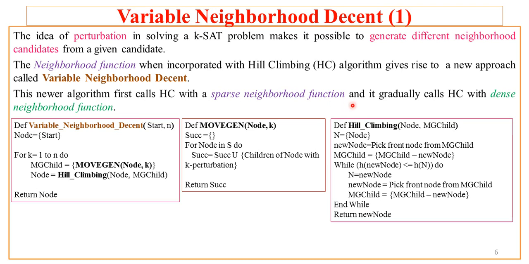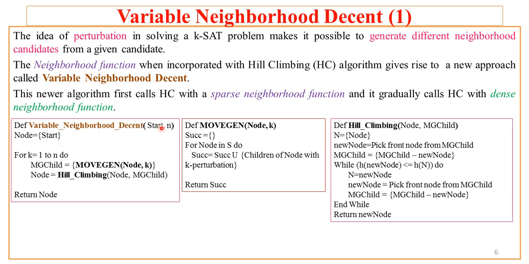And if we are not getting a solution with that sparser neighborhood function, then gradually the perturbation value is increased and a denser neighborhood function is called, and with that denser neighborhood function, more children will be generated, and out of those more children, the given problem is tested. So here is the overall algorithm.